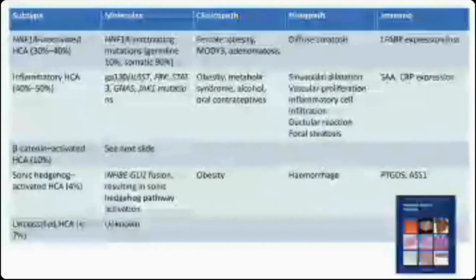And I think we've covered most of this, but interestingly, when we were talking about putting things into context, knowing their clinical history, they do have relevant clinical history. So alpha-1 inactivated adenomas, you're looking at obese patients or patients with maturity onset diabetes of the young.